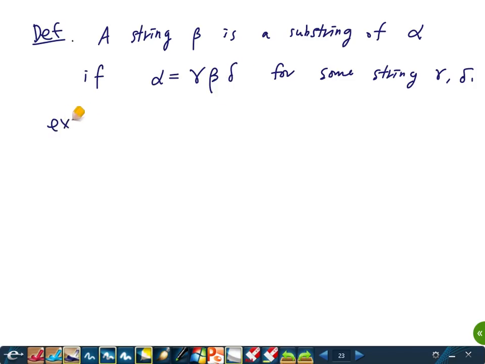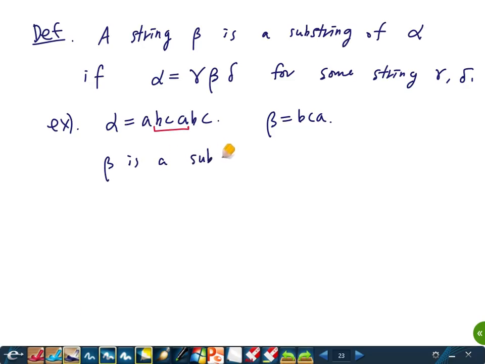So for example, let's say alpha equals ABCABC, and beta equals BCA. Is beta a substring of alpha? See if you can find beta here. Can you find it? Yes, beta is here, so it's a substring. What if I say gamma equals ABA?